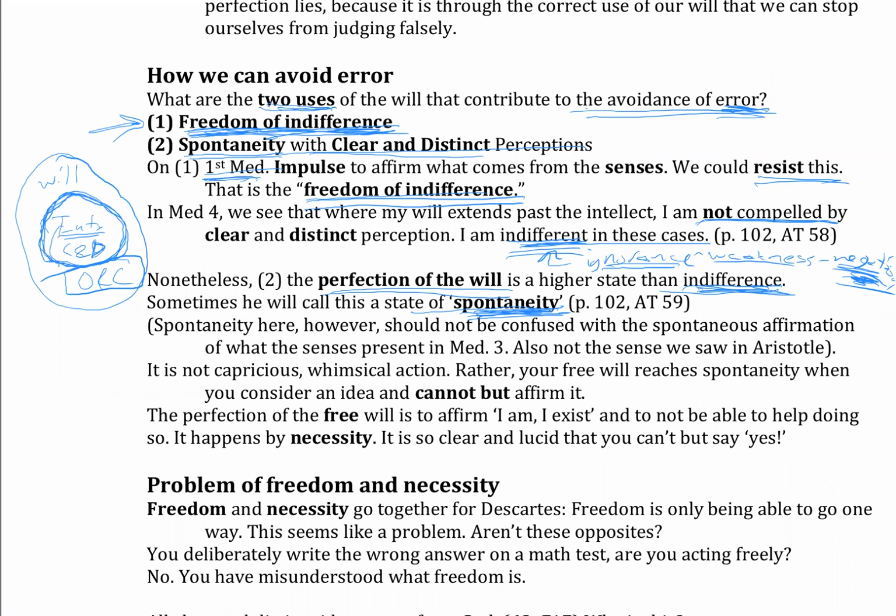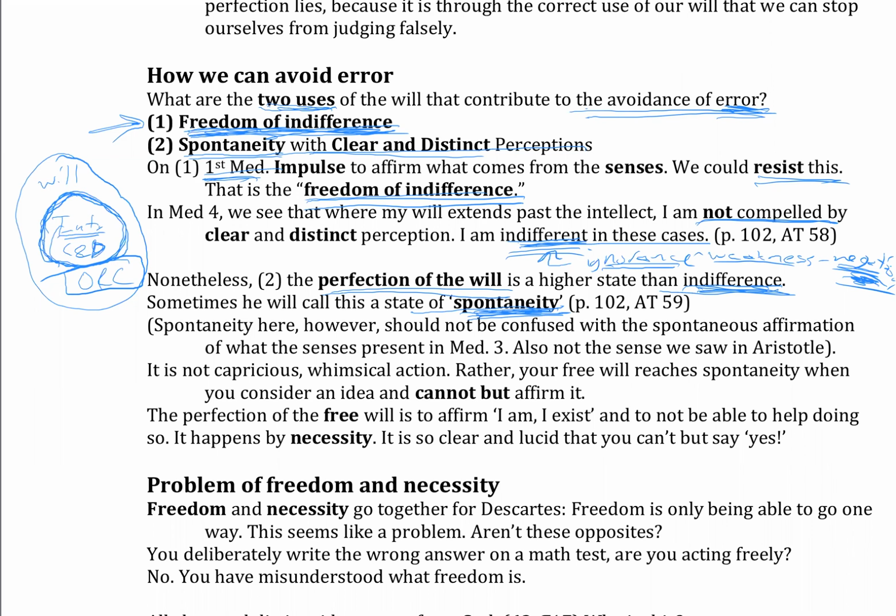So be careful, though. Spontaneity here is not like spontaneously deciding to go to Bermuda for the weekend. It's not capricious, whimsical action. Rather, your free will reaches spontaneity when it considers an idea that it cannot but affirm.